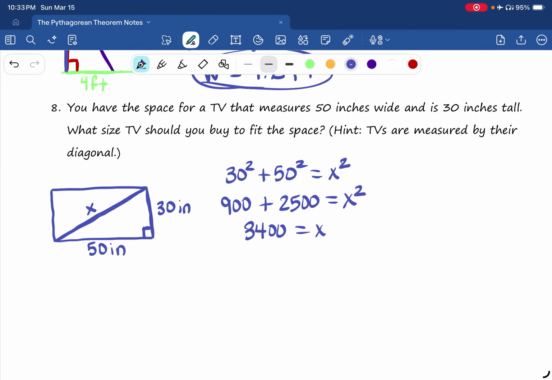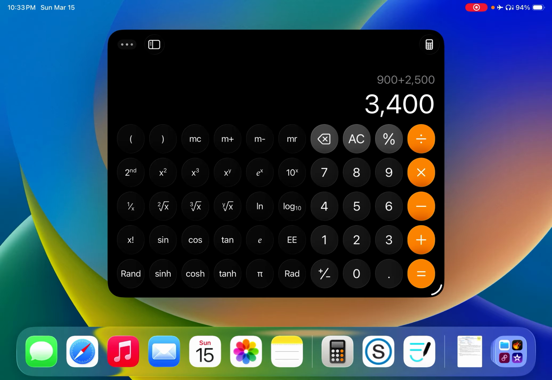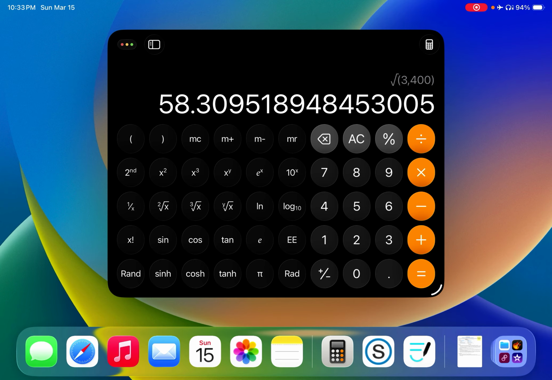So 3400 equals x squared, and now we'll square root that, and let's see what we get. So we'll square root 3400, and looks like 58.3 is what we get.